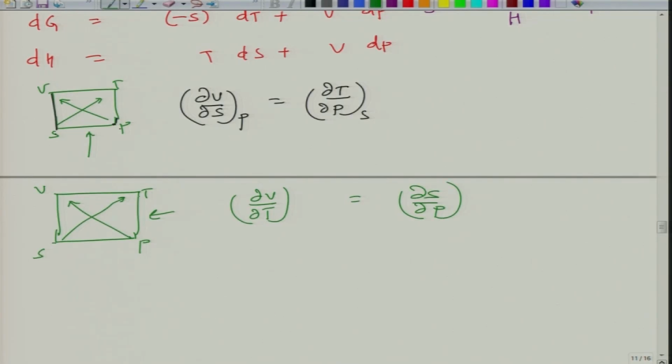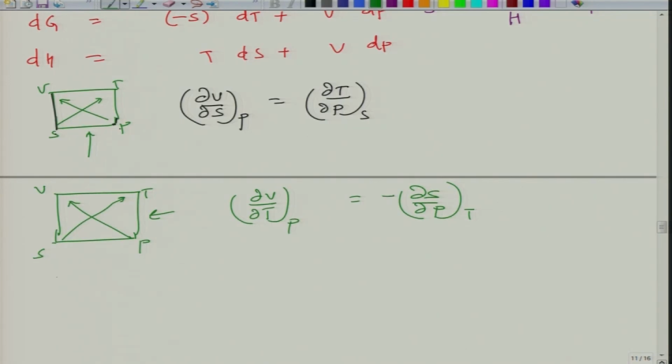Now, if you look at it, what should be the constant here? For del V by del T, it should be P. For del S by del P, it should be T. Okay. But the other thing is whether it is going to be positive or negative. If you look from here again, one of them is approaching towards the edge. So, hence there has to be some negative. You can put it here or here, it does not matter.